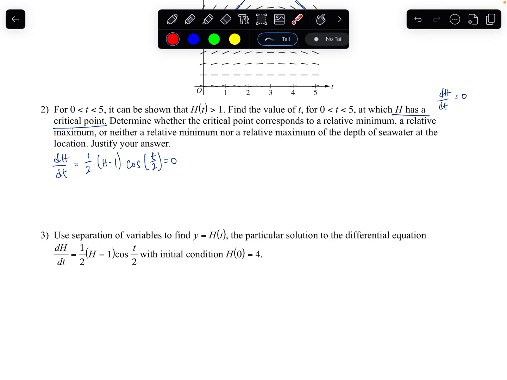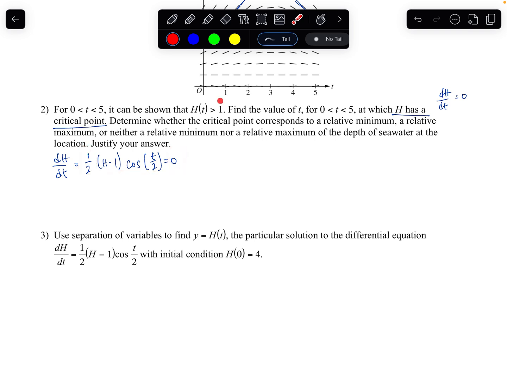You have to just use more reason and logic. It's not really mathematical. So we're trying to find a value of t that's going to make this 0. So what do I do with all of this right here? Well, this factor right here, so it doesn't matter what all of this is. 1/2 is not going to play a role in whether or not this equals 0.